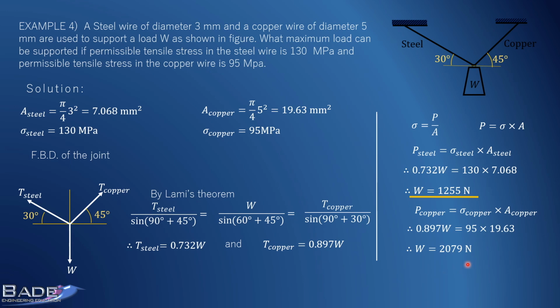You should select smaller value as safe load. So smaller the load, it will be the safer. Common sense. So which is the safe load here? It's 1255 Newton. Comparing the two values of load W, maximum load that can be supported is smaller of the two, that is 1255 Newton.